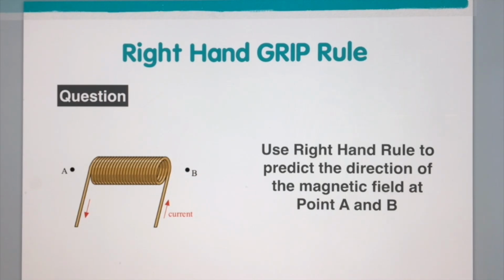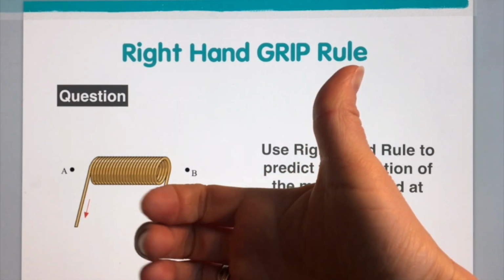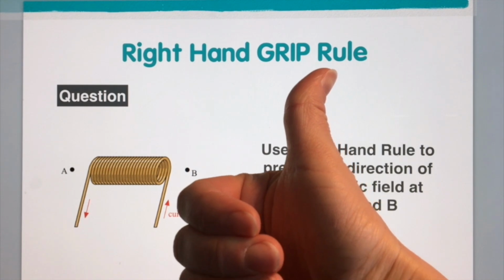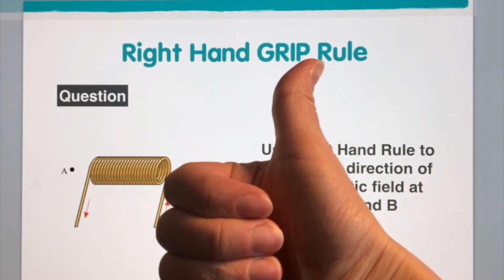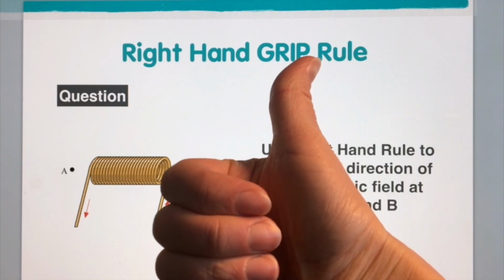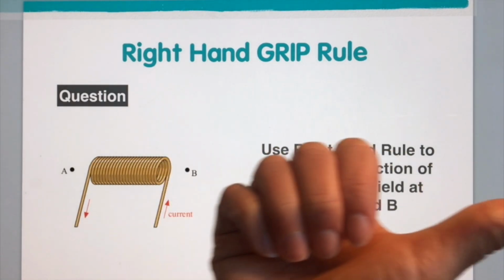So let's look at this question. Using the right-hand rule, predict the direction of the magnetic field at point A and B. So let's go with point B first. We pop our thumb in the direction of the current and our fingers curl round in the direction of the magnetic field. That means that where my fingers are pointing is where the magnetic field will point out of the solenoid.